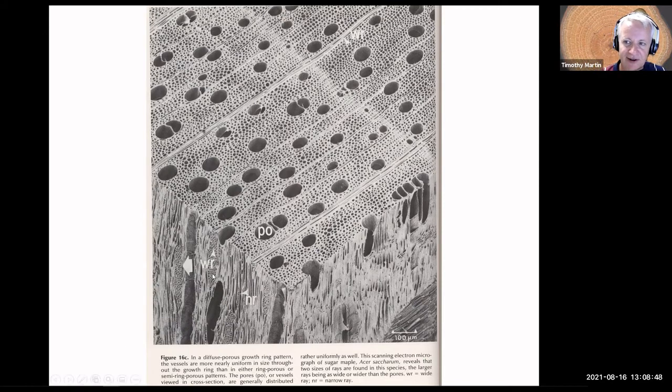This section here would be if I cut off the ends of my fingers and saw the ends of my fingers in that file of ray cells, whereas viewing it in cross section would be like viewing the edge of my hand as the file of ray cells. Okay, so that's what those cells look like. It's sometimes difficult for me to convey the three-dimensional structure and configuration of these cells, and I think some of these three-dimensional micrographs can help you envision how these cells are relative to each other.